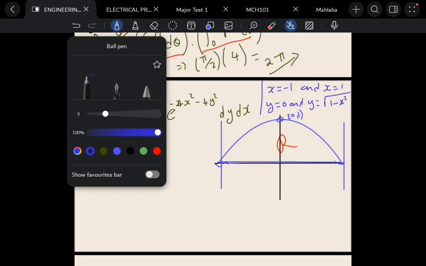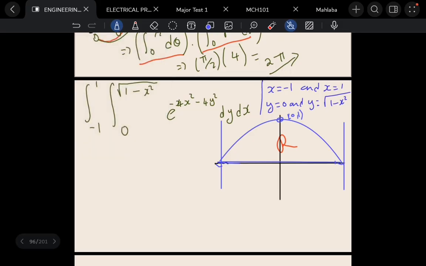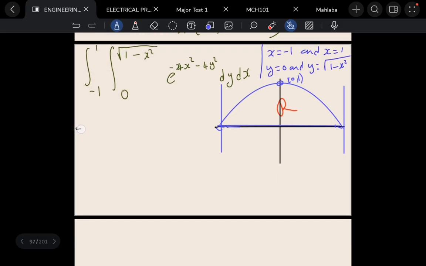Now changing this integral to polar coordinates is the simple thing to do. Your region starts from 0 and goes past pi over 2 and ends at pi, because here it's pi over 2. And your r will start here and go there, which is r equal to 1. So theta goes from 0 to pi, and r goes from 0 to 1.